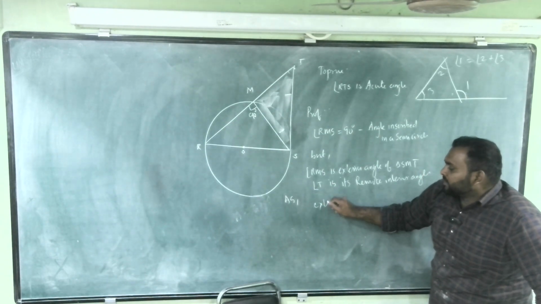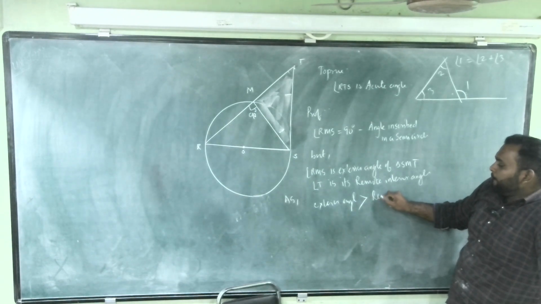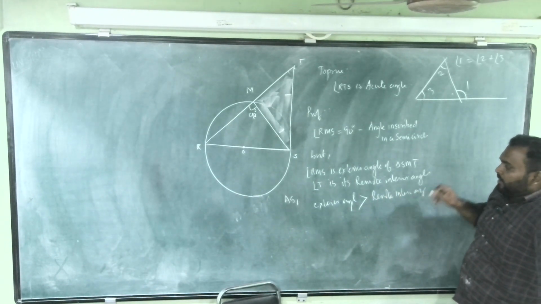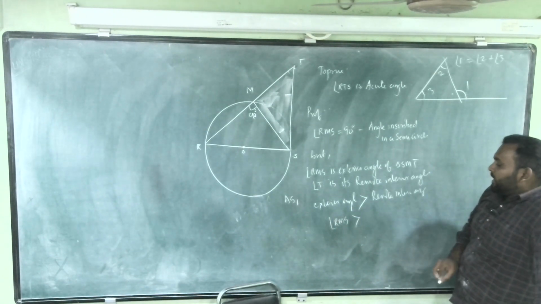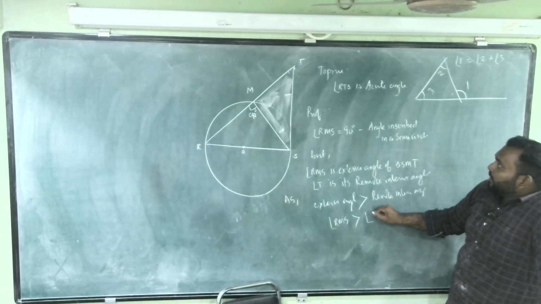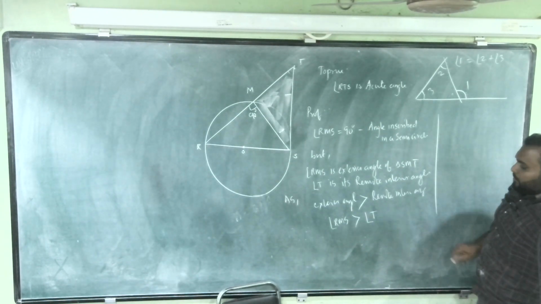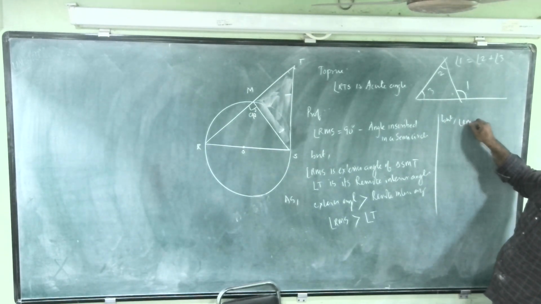As the exterior angle is greater than the remote interior angle, exterior angle कौन है यहाँ पे? RMS will be greater than angle T. Getting? समझ रहा है? But angle RMS is equal to 90 degrees.